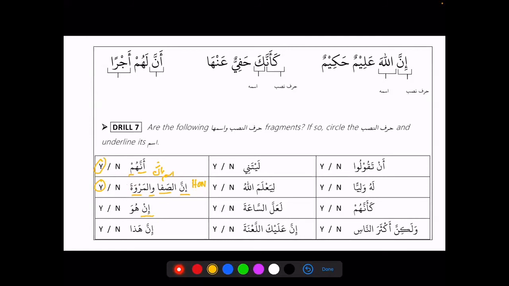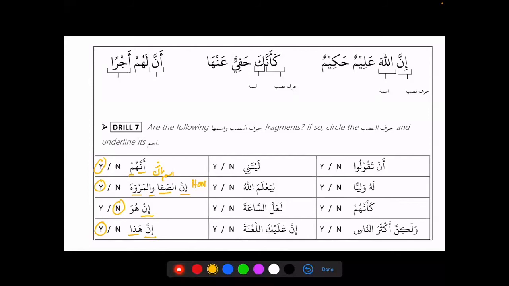So that's why it is no. Inna hadha: yes, it is. Inna is our harfu nasab and hadha is its ism, but it is not showing us, right? Hadha is going to remain hadha. Hadha is a non-flexible word.